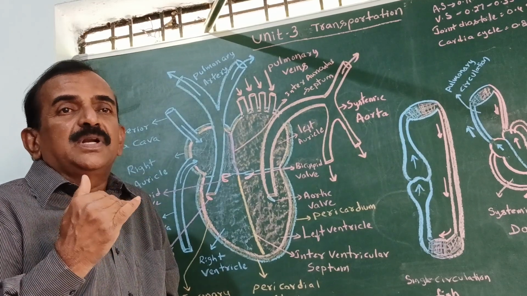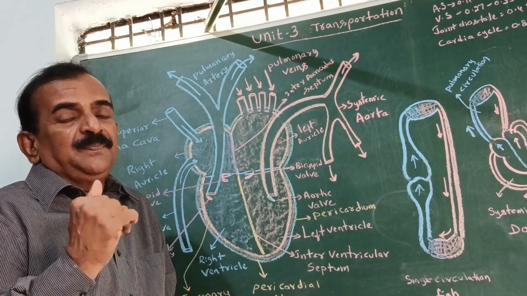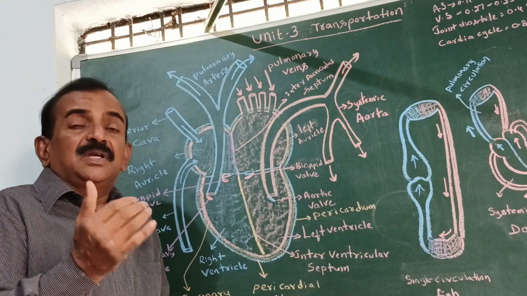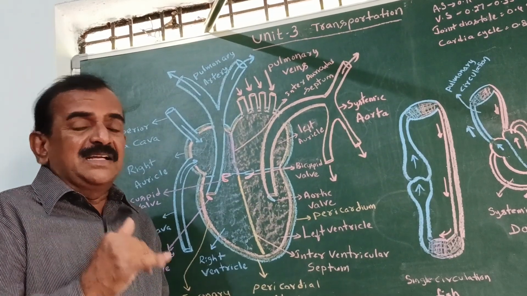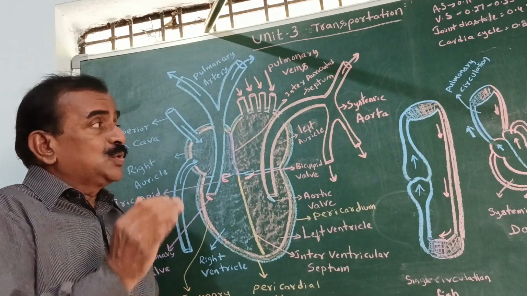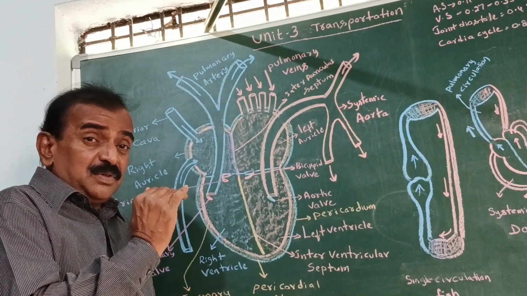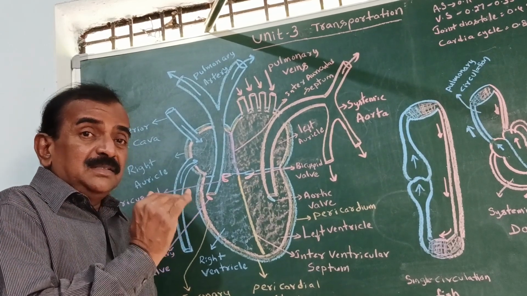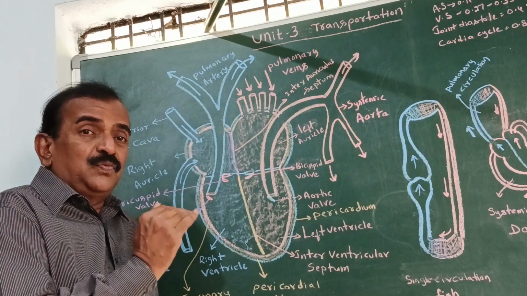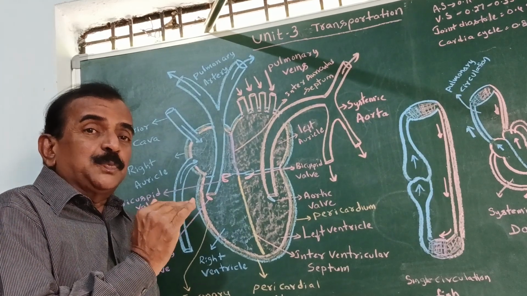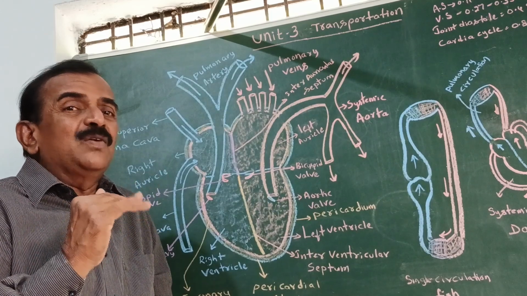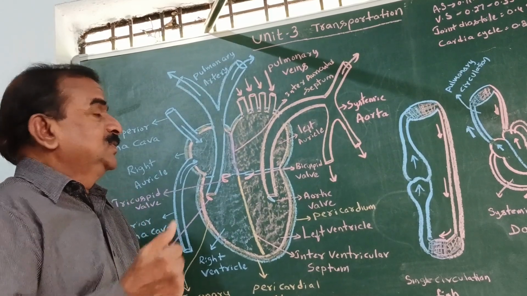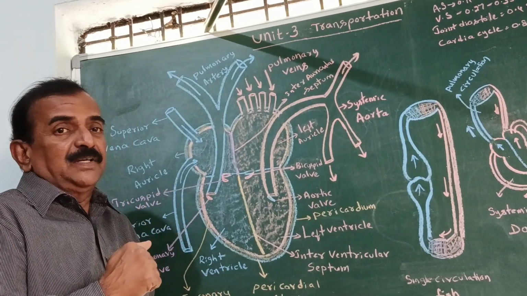So we are eating carbohydrates, proteins and fats, several nutrients. We breathe gases, we drink water and other liquids. These gases and food materials should be transported to different parts of the body. Then only we are getting what? Energy. So transportation is required.